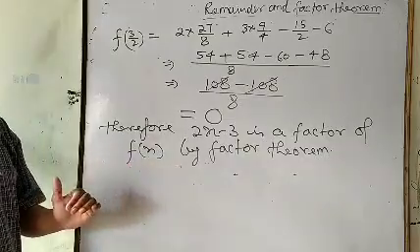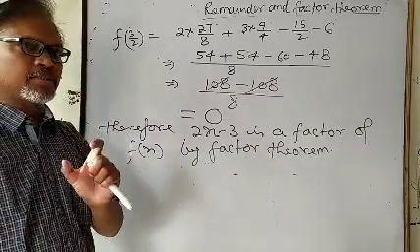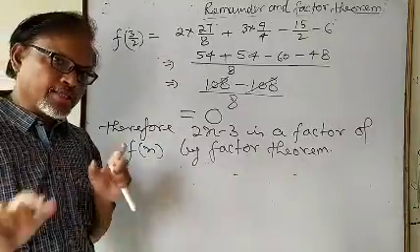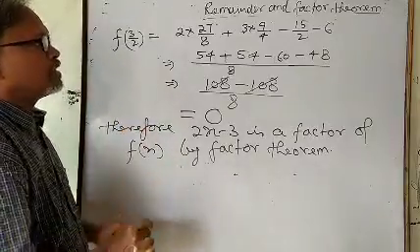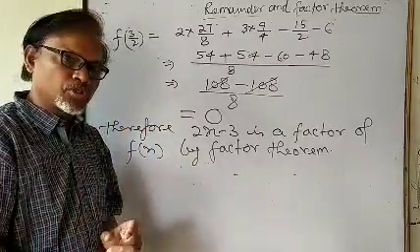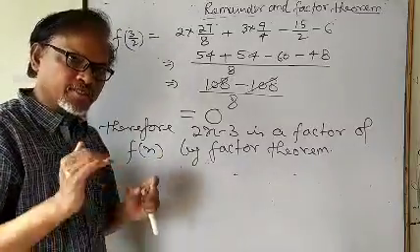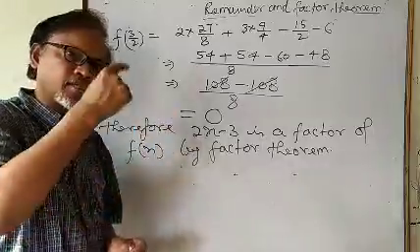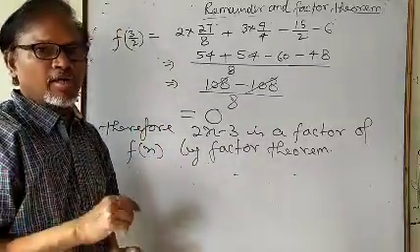Now, how to factorize completely the given expression? Hence, factorize. What is the meaning of hence? Hence means you have to use the first part of the question: 2x minus 3, which you have shown is a factor, you will use for the second part.